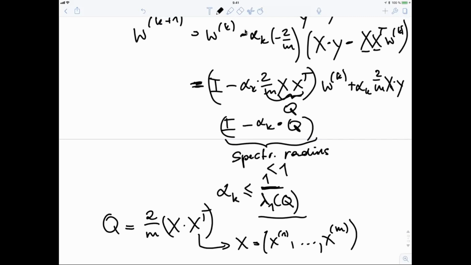How can we control the eigenvalues of this matrix? Yes. So by making these vectors small in magnitude, and one way to make them small is to standardize them. So to take the raw feature vectors x and divide them by the norm of x, for example.